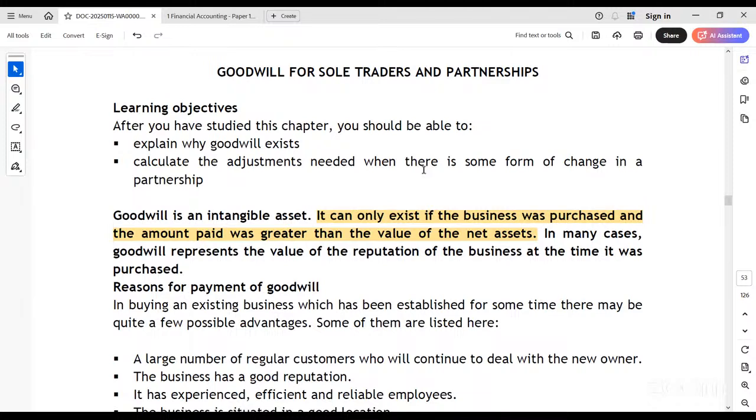What are some of the factors giving rise to goodwill? Any idea? Why do we have to pay for goodwill when we are purchasing a business that has been in existence?